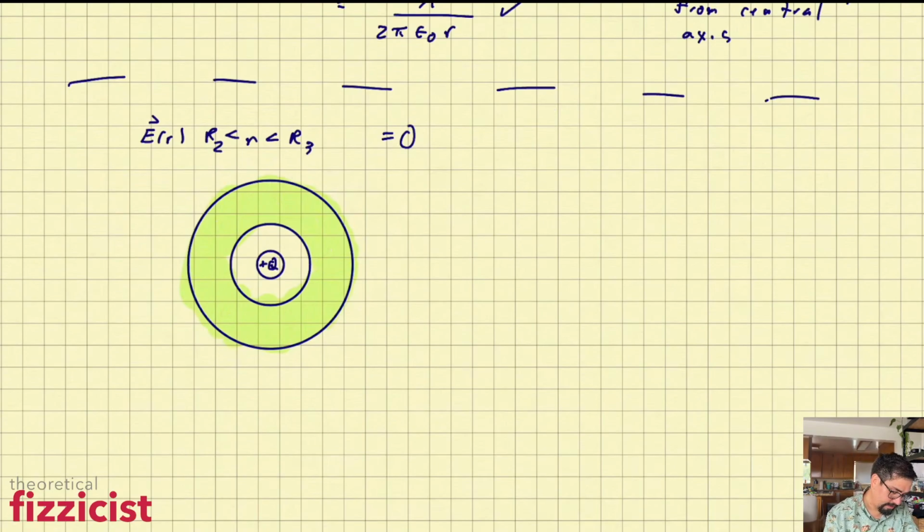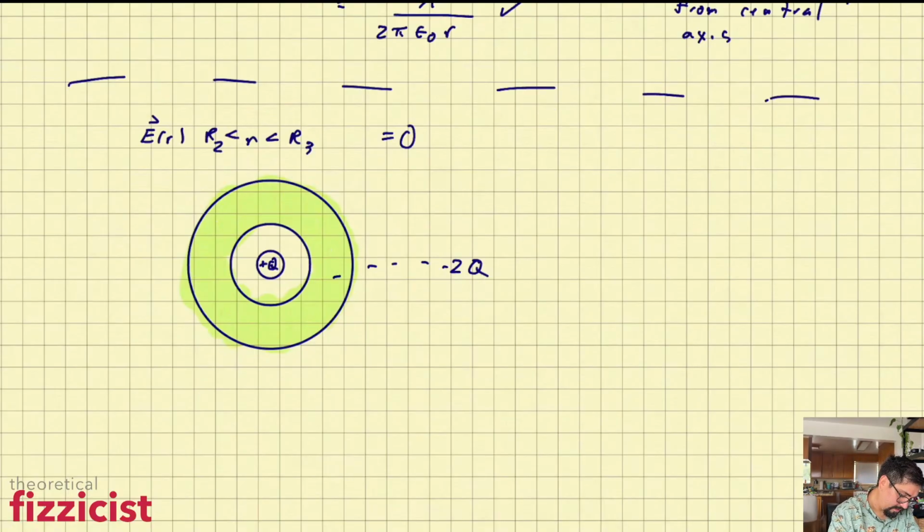Let's think about this. I have minus 2Q overall on this thing, but where is that minus 2Q on the surfaces? I make the argument that it has to be distributed on the inner surface and outer surface as follows.